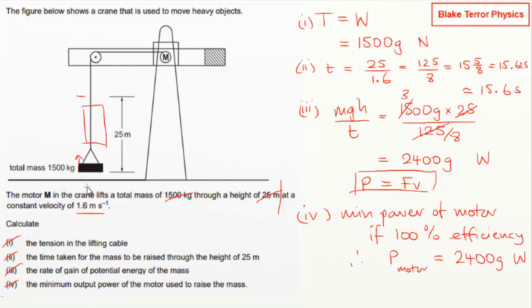Now, all of those intuitions are good intuitions, and it's a shame that these questions are set up to say, well, actually, we're not using that scenario. We're assuming all the way through this that the object is already moving at 1.6 meters per second, and after it's moved 25 meters, it's still moving at 1.6 meters per second, which is nobody's interpretation of what the situation is.